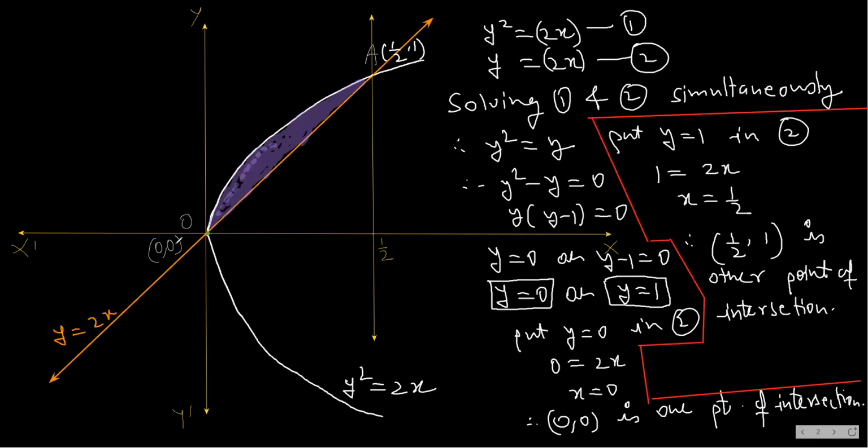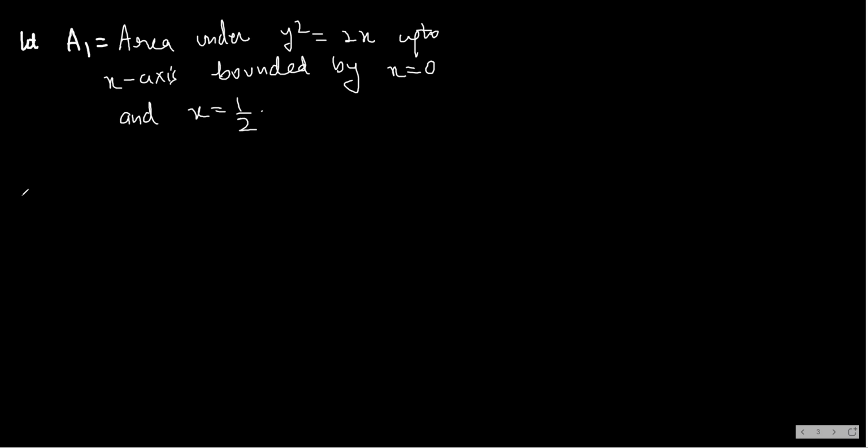You know this, 0 to half, right? Now see this. Therefore, A1 is integral 0 to half, 0 to 1 by 2, y dx.